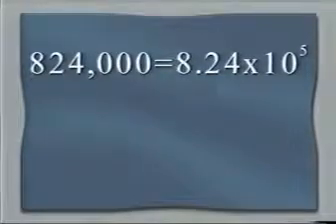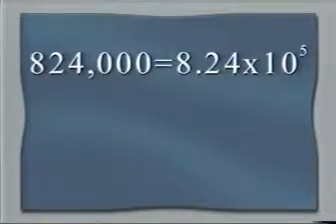Scientific notation requires a number in decimal form between 1 and 10, multiplied by an integer power of 10. That power could be a positive integer, as it is here, or a negative integer, but it must be an integer. So we have 8.24 times 10 to the 5th. You'll notice that 8 is in the 100,000s place, 824,000, and 10 to the 5th is 100,000.